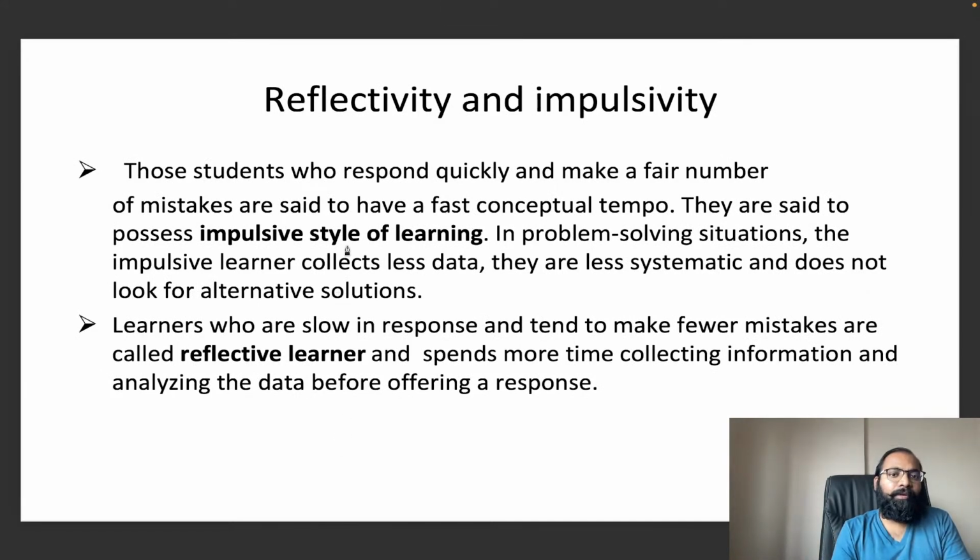Next, one more learner characteristic, that is reflectivity and impulsivity. Before going to the definitions, I will give one small understandable example. If a teacher asks a question to a student, let's take two students.